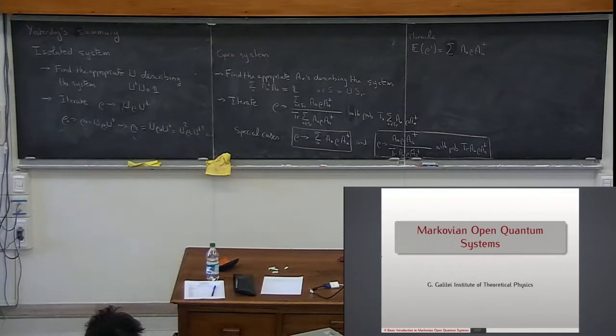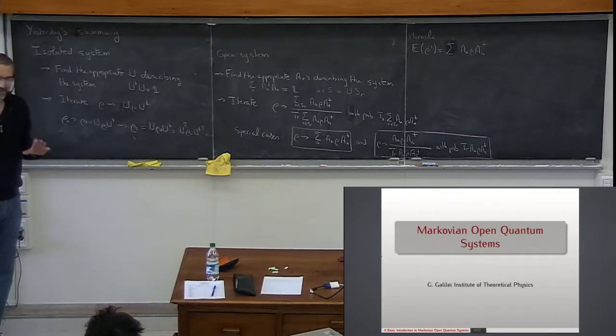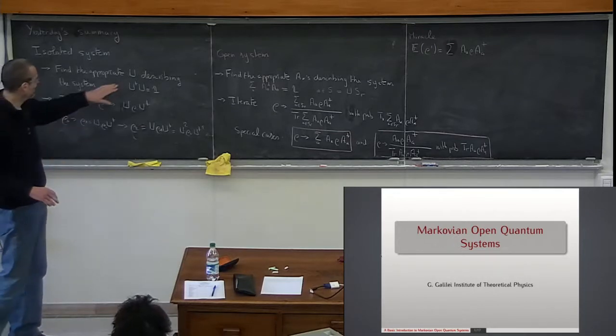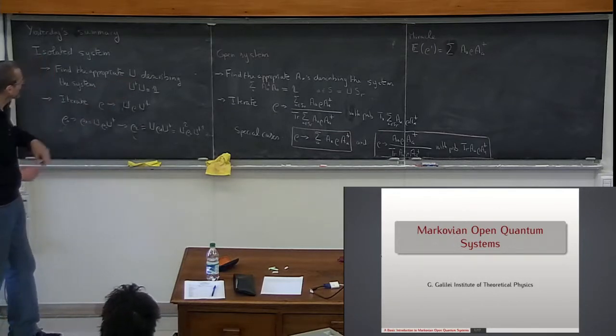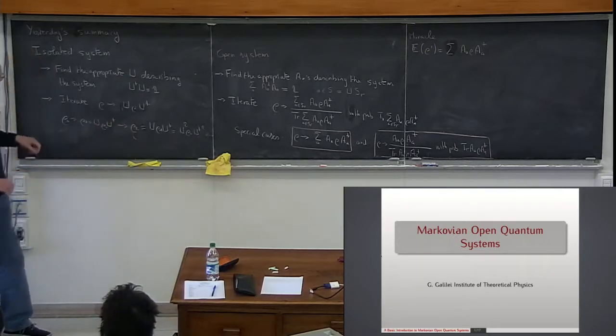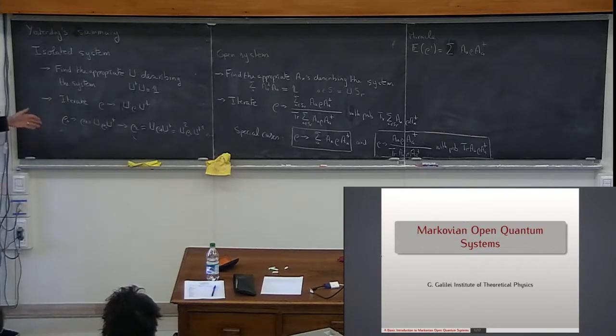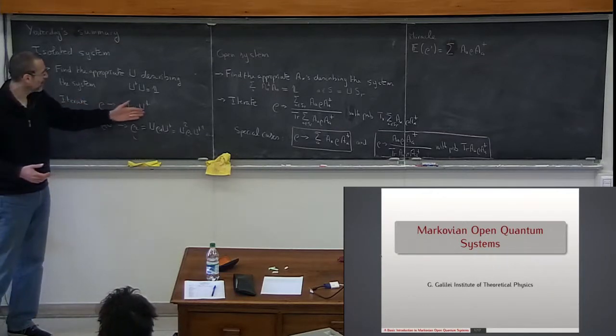So, very briefly, this is something you all know for years. What happens for isolated systems? You have a certain task which is in the realm of physics, which is to find the right unitary evolution. And I recall that this is unitary. And then we are in discrete time. To compute the evolution of the system, you just have to iterate the map that takes rho to U rho U dagger.